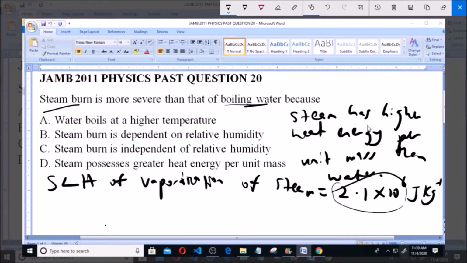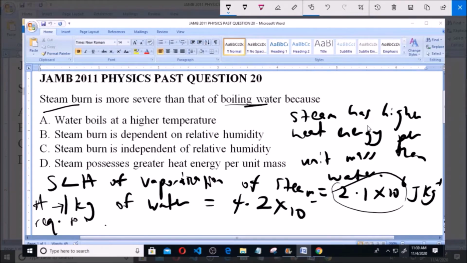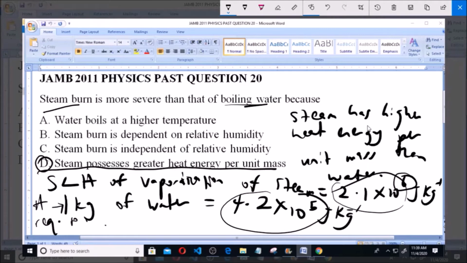However, for water, the heat required to raise the temperature of 1 kg of water is given as 4.2 times 10 raised to the power 5 joules per kg. So you can see that this is actually higher, by a factor of 10, than this. So this is the explanation behind that. So D, steam possesses greater heat energy per unit mass.